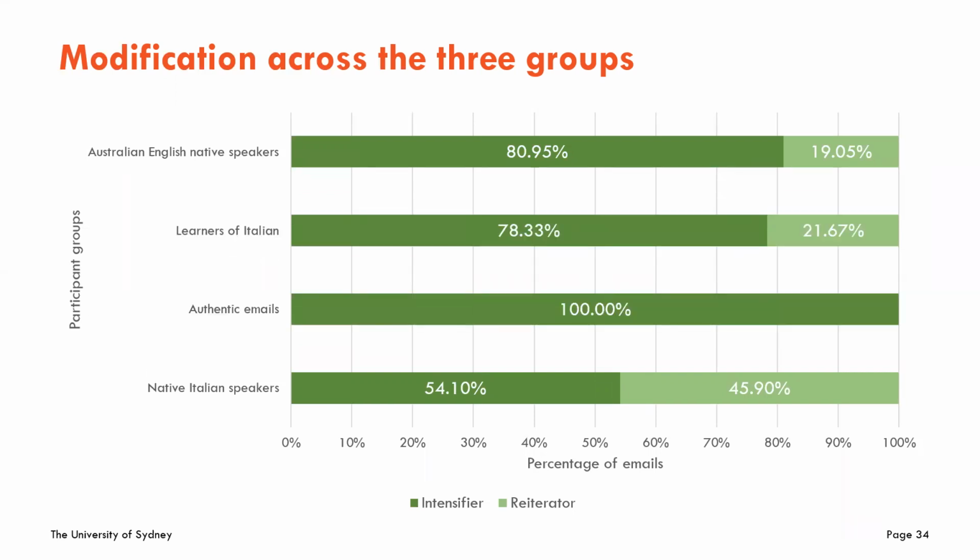When we look at the authentic emails, this aligns with the learners of Italian and the Australian English native speakers, so that emphasis on intensifying as opposed to reiterators. So we see here that the learners of Italian, when they do use modification, both in their authentic emails and the elicited emails, really do align with the Australian English native speakers. So that's quite interesting there.